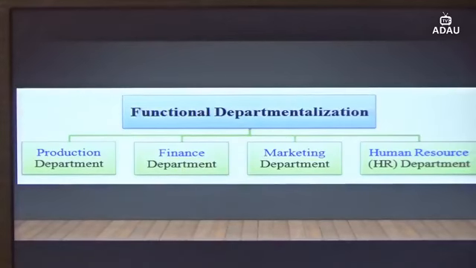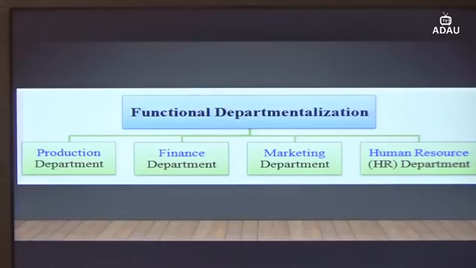Okay, this is a graphic vision of functional organizational structure. As you can see from the picture, the organization is divided, in our example, into four main departments. This is our production department, finance department, marketing department, and human resources department.